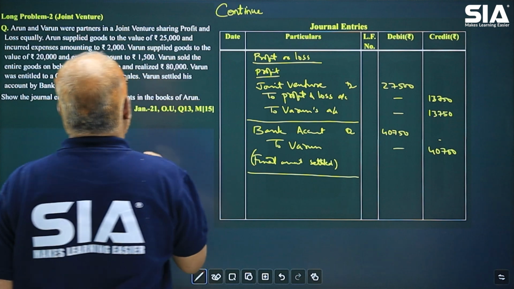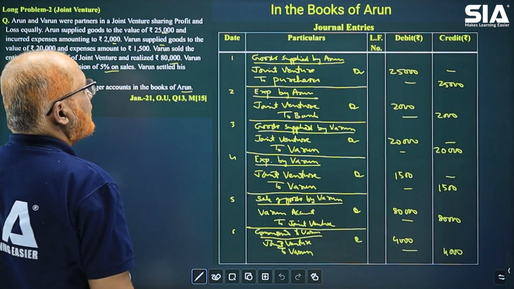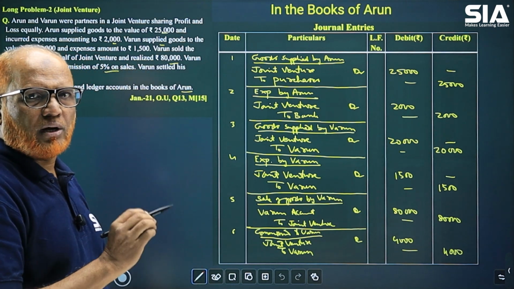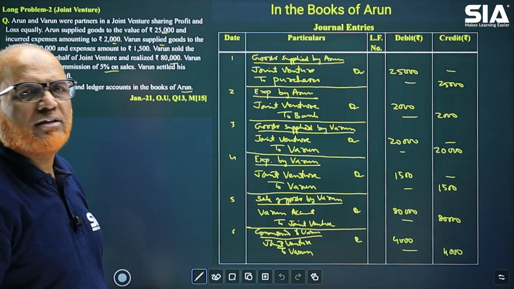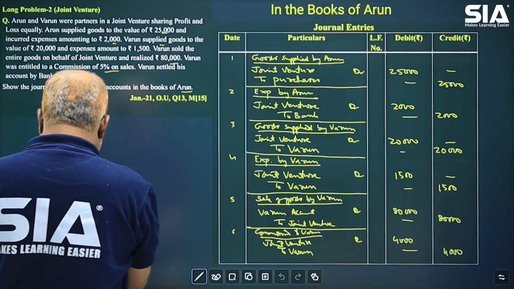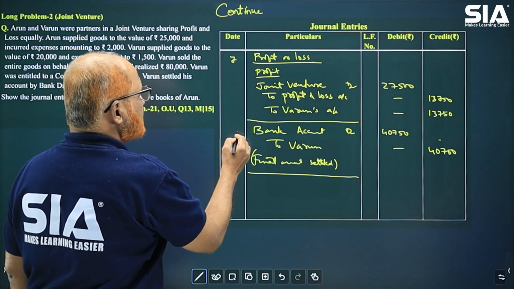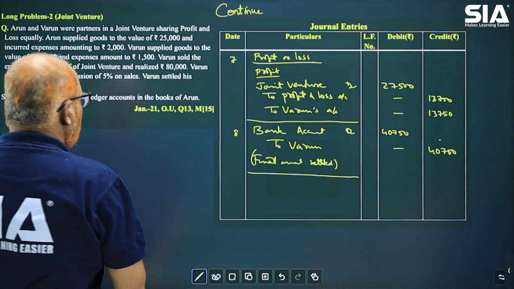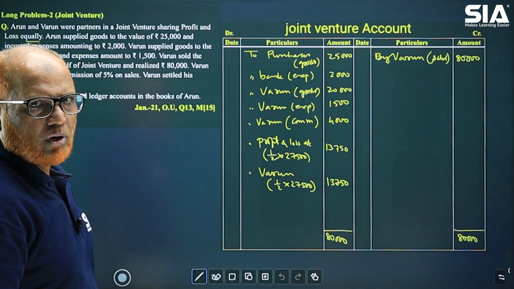I'll remind and verify once again. What we are required to do in this is pass the journal entries in the books of Arun and ledger accounts. Total 8 journal entries we have passed. After completing these journal entries, we have prepared the ledger accounts, joint venture account to find out the profit or loss.